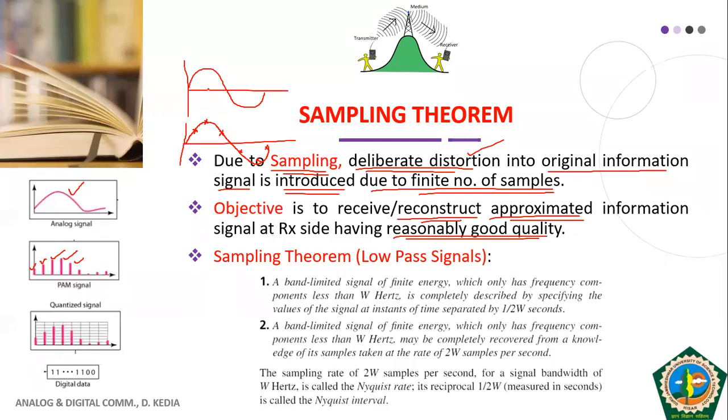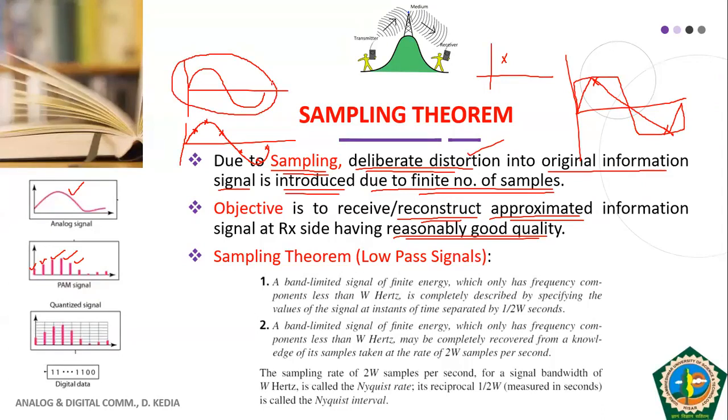Okay, say if I take only 2 samples out of this, say one sample here and one sample here, then there may be infinite number of possibilities about the shape in this signal. It may be like this, it may be like this, it may be some other shape. Or if I would have taken, say, only one sample, then from this one sample, I cannot make out anything that could help me in identifying whether my original signal is equivalent to this sinusoidal or not.